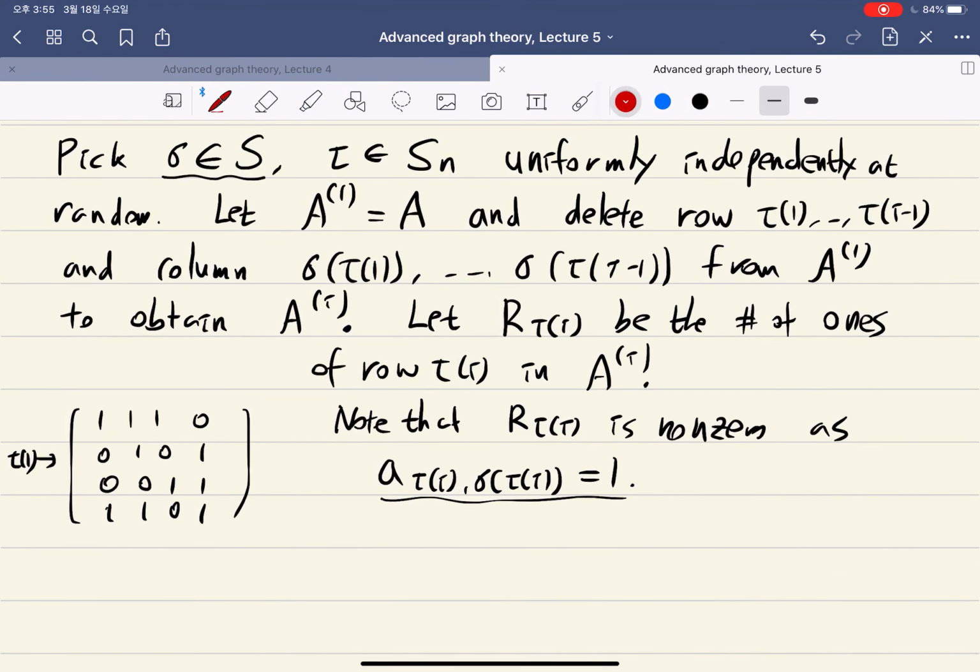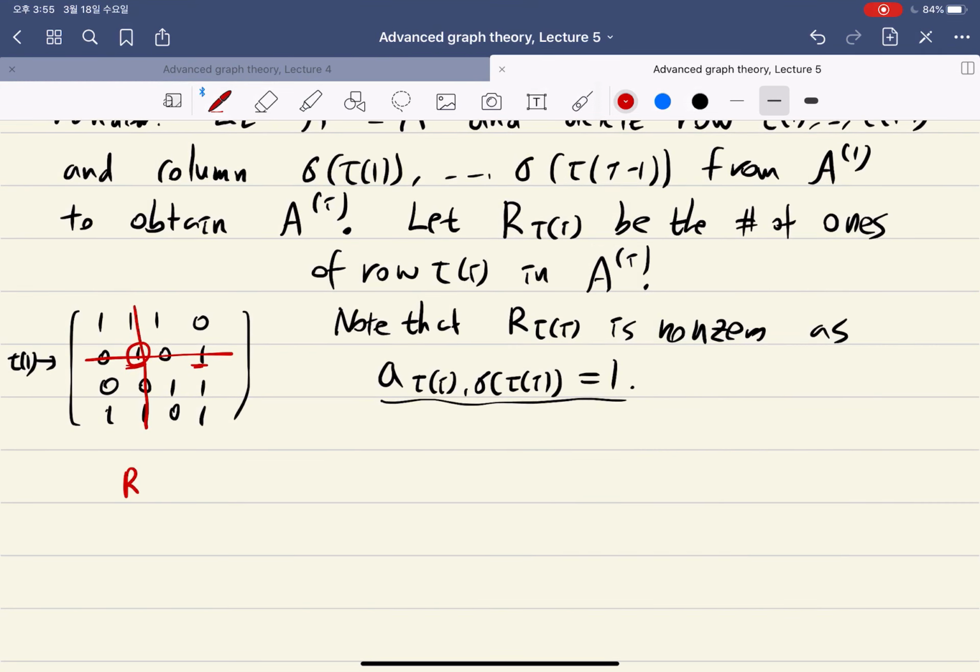So what R_i is: once we chose tau(1) and sigma(tau(1)), we delete this row and this column. But before deleting it, you count the number of ones, which is 2. So R_1 is 2. And then you choose tau(2). Now in this row, there are 2 ones surviving, so again 2.